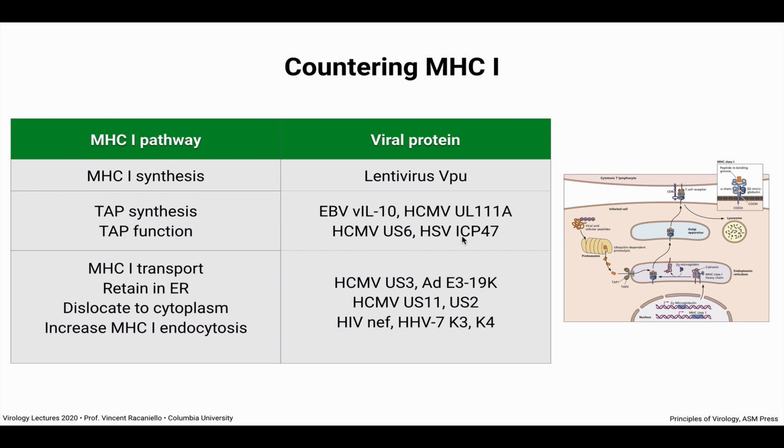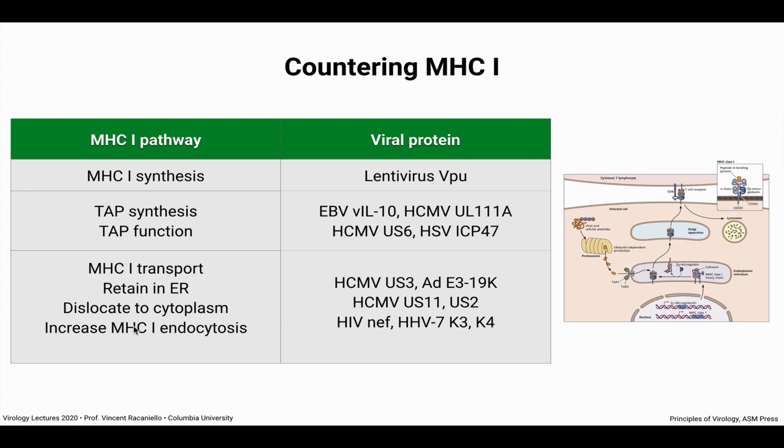The function, the importer function of the TAP is interfered with by viral proteins. And then we have a variety of ways to fool with MHC1 transport. You can have the protein retained in the ER and never get out by these proteins. You can have it dislocated to the cytoplasm. Some of these viral proteins cause the MHC to be pulled out of the ER into the cytoplasm, and there, of course, it's useless.